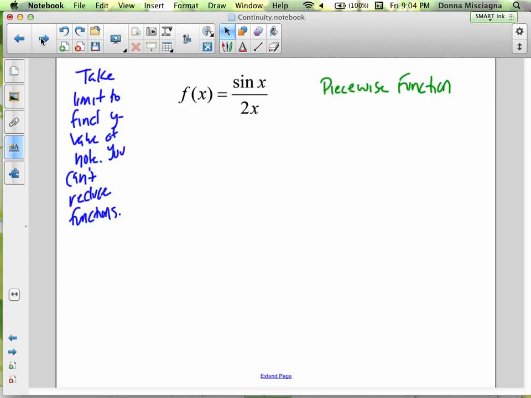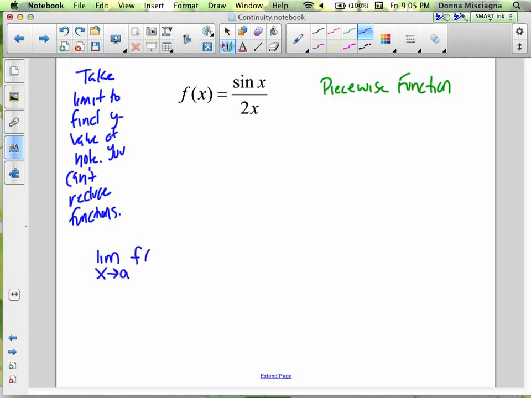All right, so for this one, it's not like you can factor and reduce. Take the limit to find the y value of the hole. Right? So we're going to take the limit, and that limit is going to tell us where our hole is, right? The limit as x approaches a, f of x, will equal f of a, right, if our function was continuous.